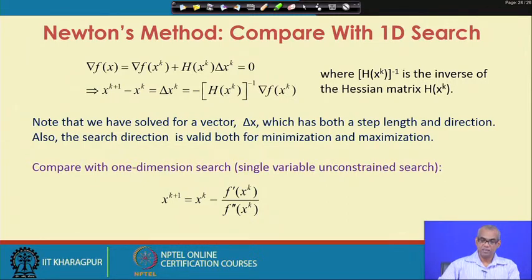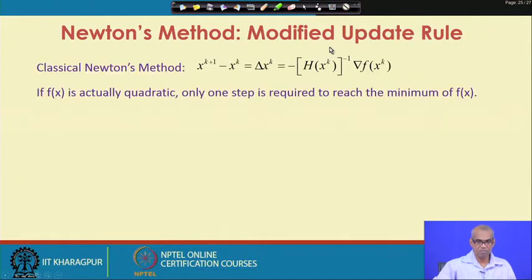So, here you have gradient and Hessian for the multivariable case. Now, for the classical Newton's method, the update rule is x k plus 1 minus x k equal to minus Hessian inverse into gradient of the objective function.